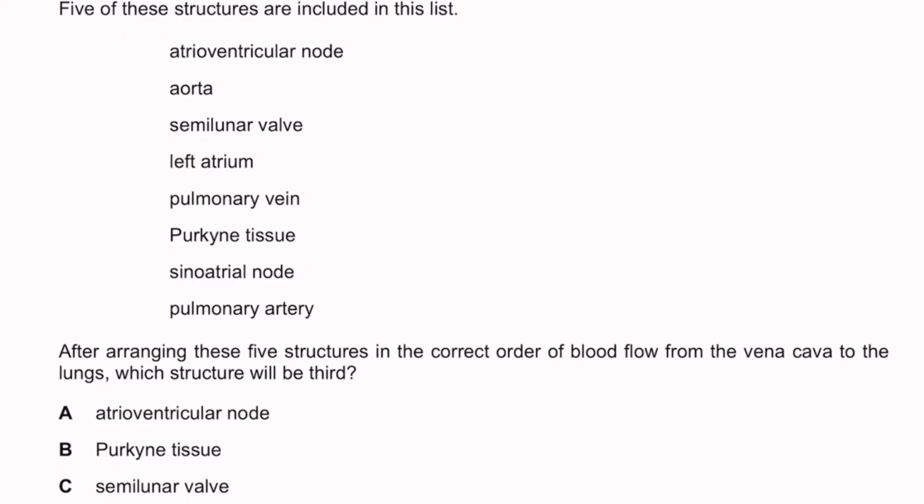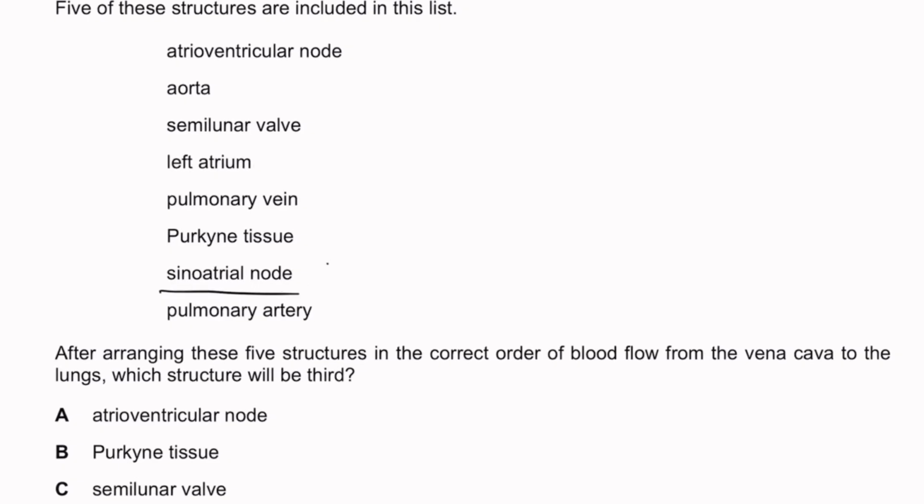So let's start with basically when it enters, immediately it's going to be facing the sinoatrial node, because this is just a patch of muscle just below the opening of the vena cava, and so basically the blood is going to first see the sinoatrial node, and then it's going to be going through the right atrium. So even if there was an option of the right atrium over here, the answer should be sinoatrial node and then right atrium. So sinoatrial node, that's 1.